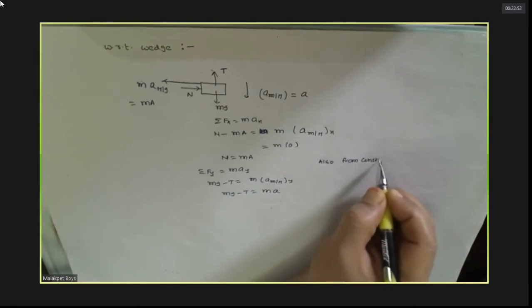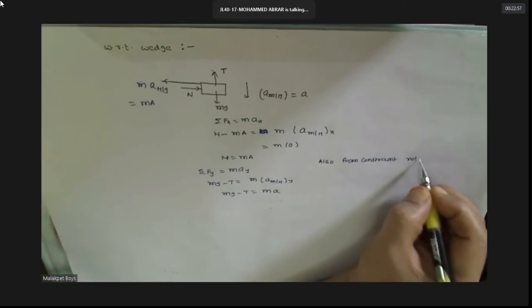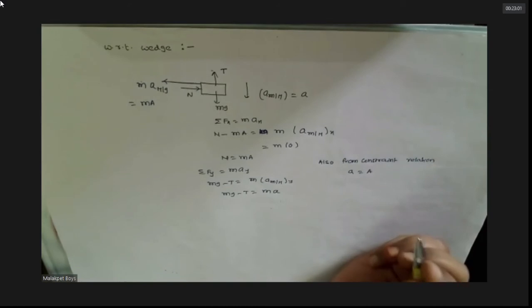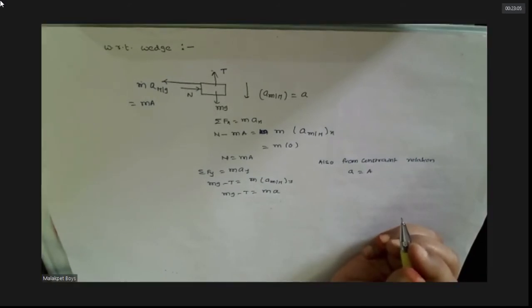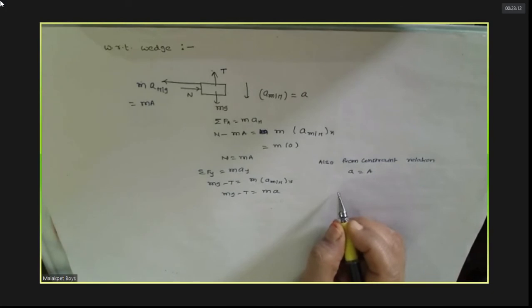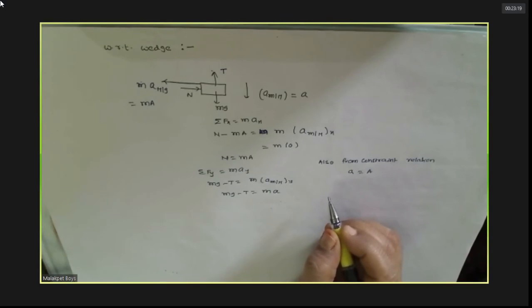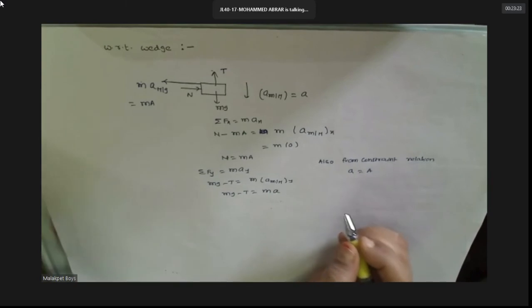Also, from constraint relations you got small a is equal to capital A. Do you agree with this? Yes, sir. And only for the block you got mg minus T is equal to ma.